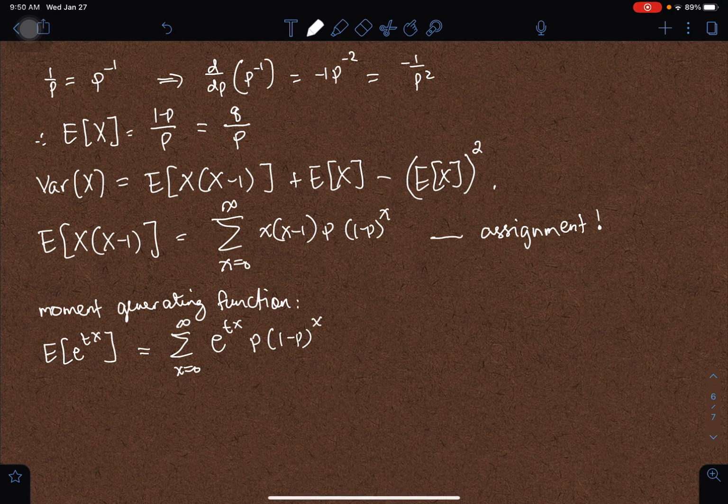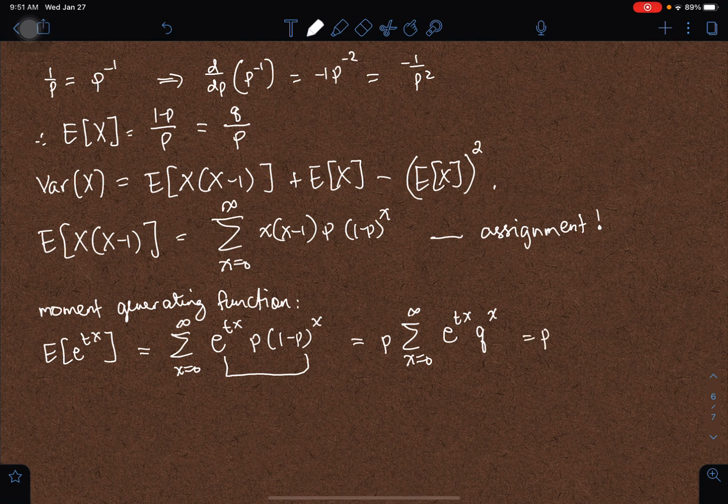Okay, can we get the sum of this? This is equal to p times the sum from 0 to infinity of, we can combine e to the tx and (1 minus p) to the x. I'm going to use now q to the x.